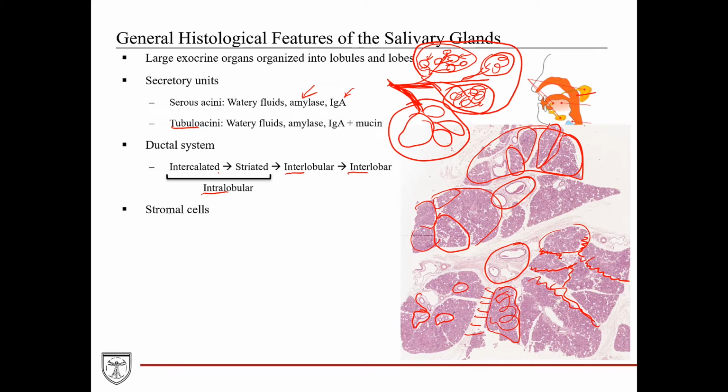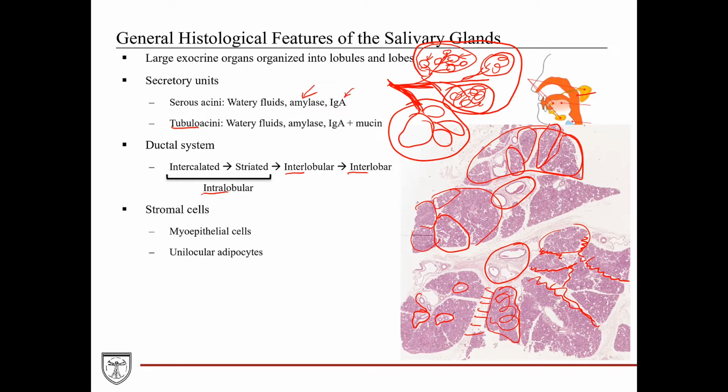We also have stromal cells. These are the supporting cells within the salivary glands, and these include the myoepithelial cells that are positioned on the outside of the acini, as well as some of the smaller ducts, that have contractile abilities that can help move things along, if you will. We also have some unilocular adipose cells that infiltrate into the parenchyma of the salivary glands.